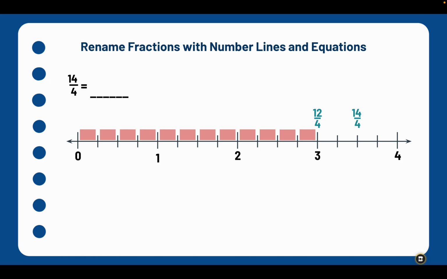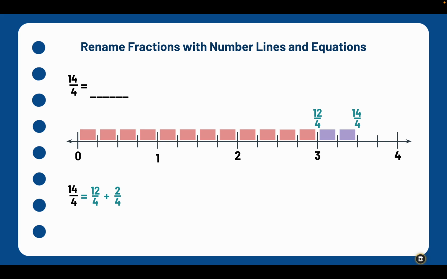At first we shaded 12/4, then we shaded 2/4, so 14/4 equals 12/4 plus 2/4. Let's rewrite the equation, renaming 12/4 as a whole. The mixed number that we can write for this fraction is 3 2/4.